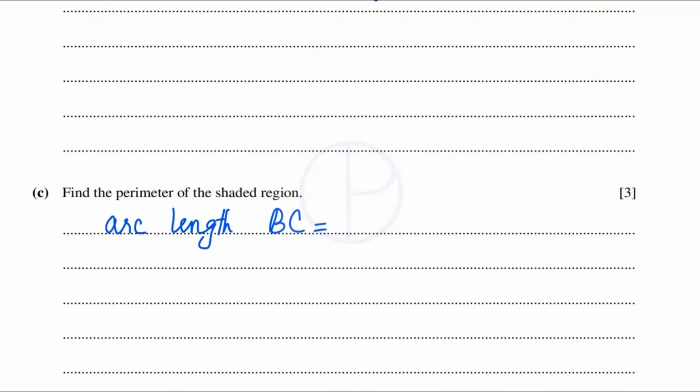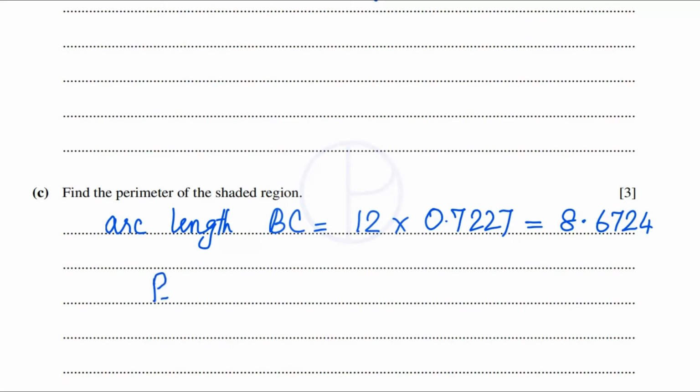The arc length formula is r theta. So r is 12 and theta is 0.7227, which is equal to 8.6724.